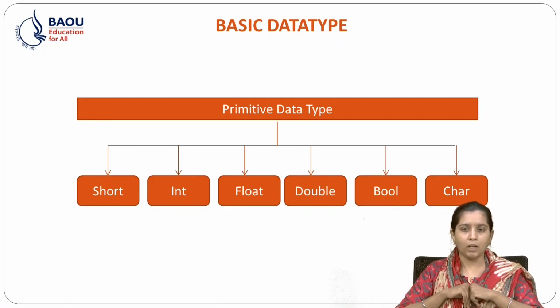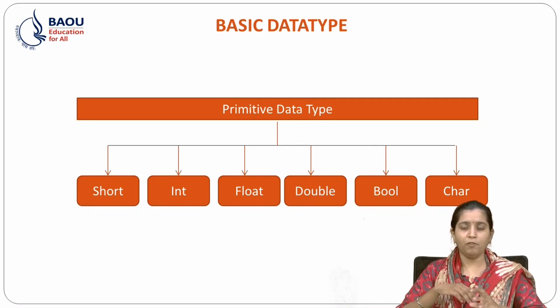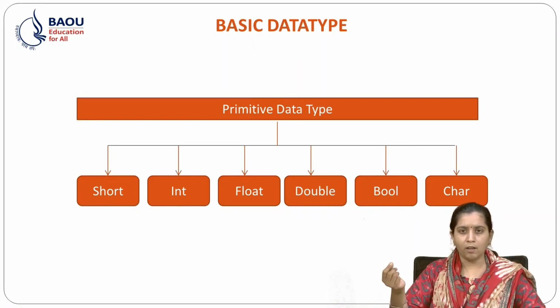Values are enclosed within single quotes, such as small a or uppercase A. It has also a size of 1 byte only. For example, if I want to declare any vowel, then what will I use? char vowel is equal to lowercase a.